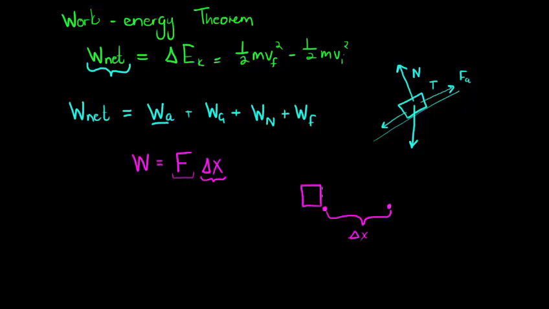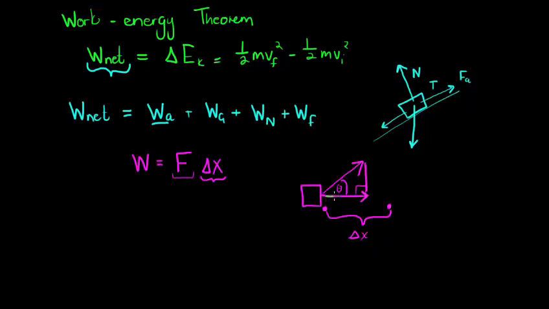But as I'm pulling it along, I'm actually pulling it at an angle, so my force is at an angle theta. The part of the force that is in the direction of displacement forms the adjacent side of a right angle triangle. Do you see that? This is the adjacent side.